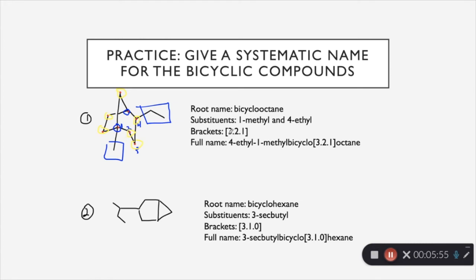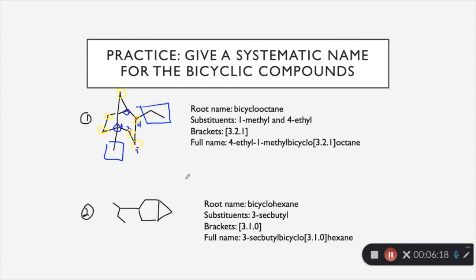So that's why we have 3, 2, 1, because this side we have 3 non-bridgehead carbons, this side we have 2 non-bridgehead carbons, and then up here we have 1. So the full name is going to be 4-ethyl 1-methyl bicyclo[3.2.1]octane.